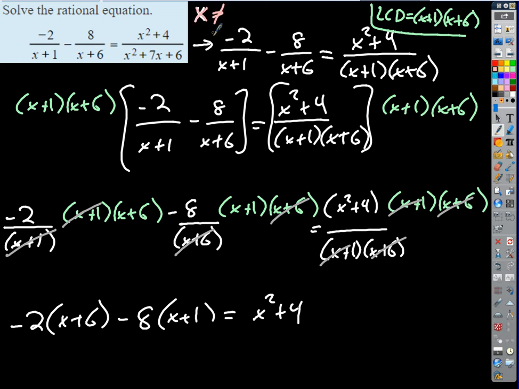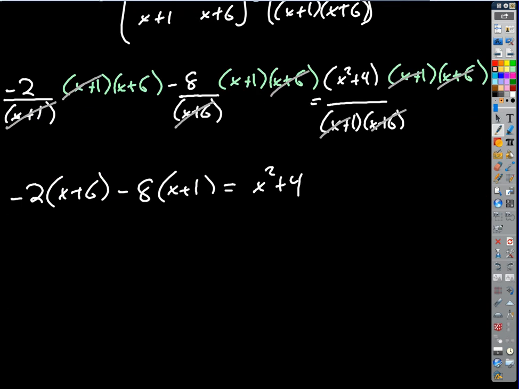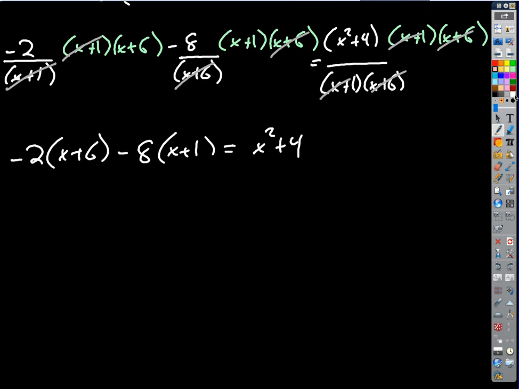So what are the values of x that you have to exclude? Anything that ever shows up in the denominator, so we have to exclude -1 and -6, right? And so we keep going, and what do we get here?